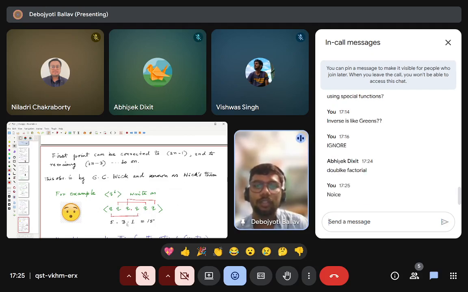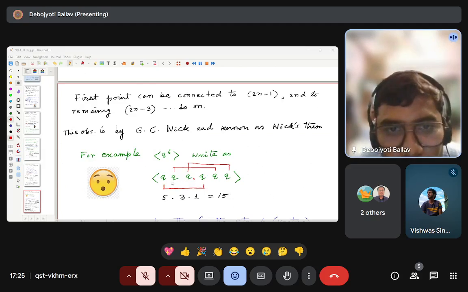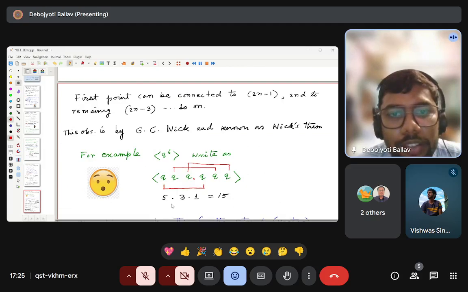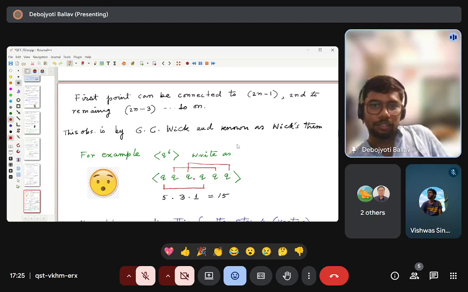So it is 5 times 3 times 1, which is 15. This is like 5 double factorial. So this is how you can remember: you write the q's separately and connect them pairwise. This is called Wick contraction. This is by G.C. Wick, and it is known as Wick's theorem.